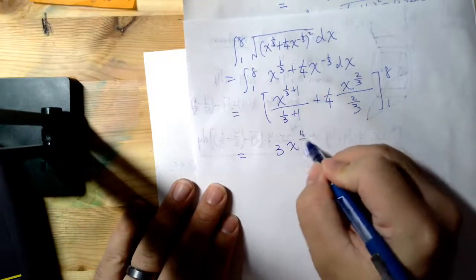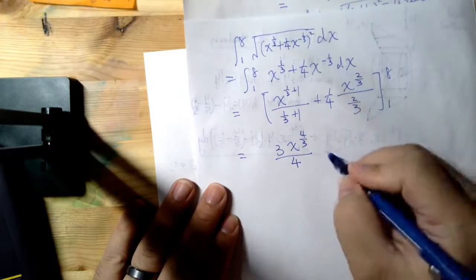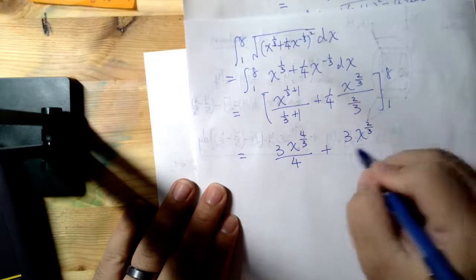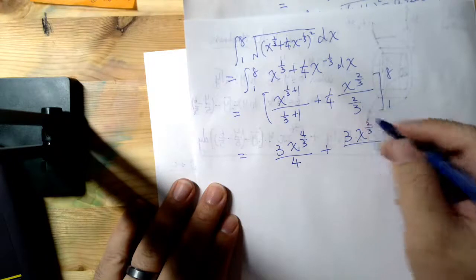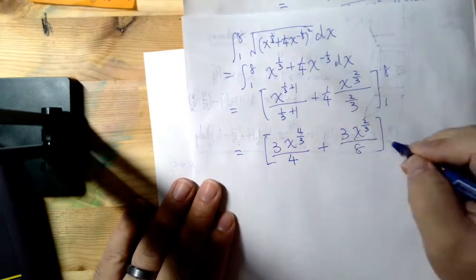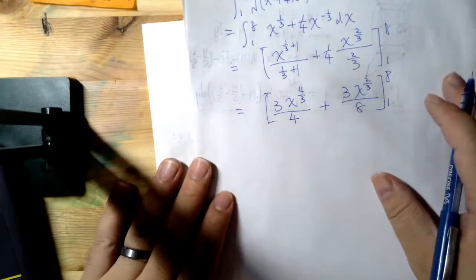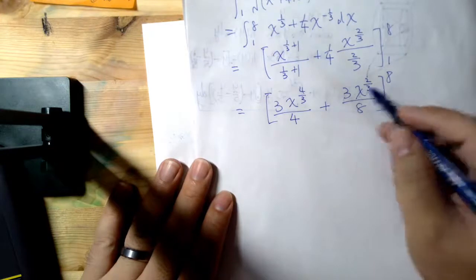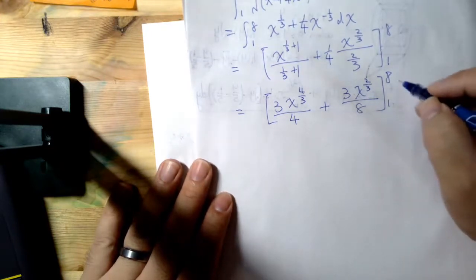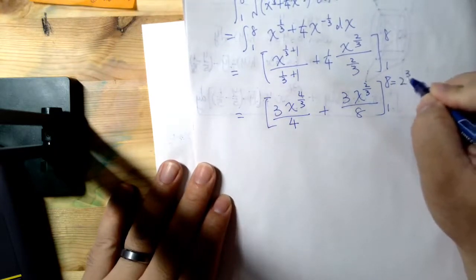And so you can do some simplification. 3x to the power of 4/3 over 4, and then for this part, it's going to be 3x to the power of 2/3 over 8, from 1 to 8. Now when we plug in, guys, I'd rather replace this 8 with 2 cubed. Why?